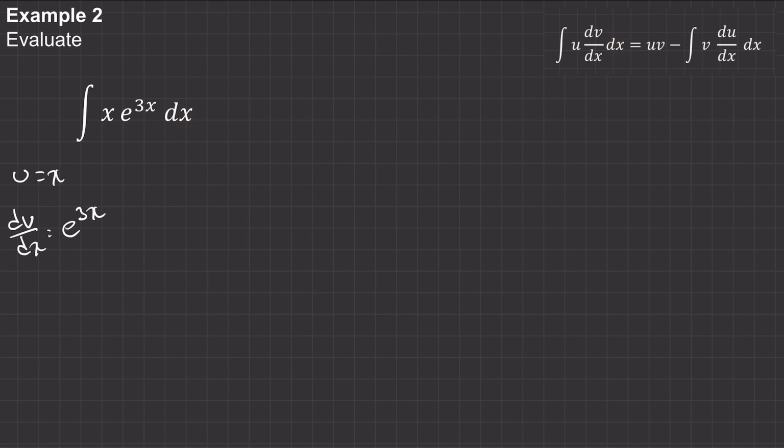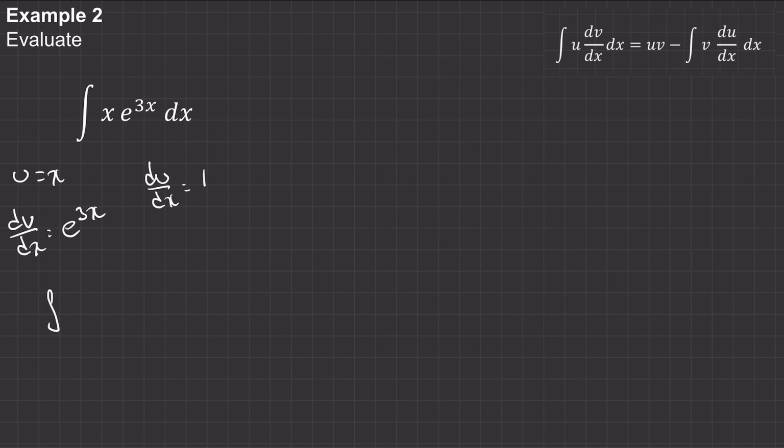So now we'll need to work out v. We have dv, but we'll need to work out v. We have u, but we'll need to work out du. So du by dx will equal 1. We've just differentiated this x term. And now we need to work out v.